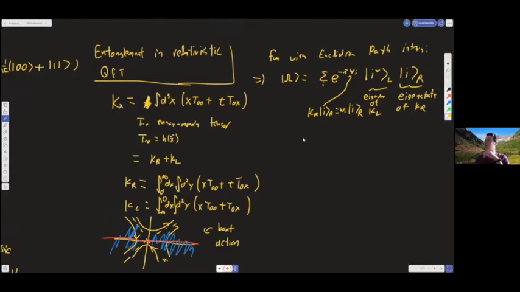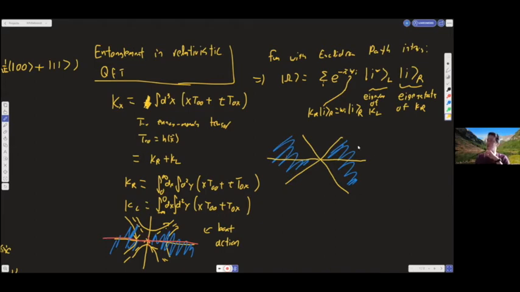Maybe I'll try to draw the picture again just to make it a little less busy. So we have this decomposition of space into the blue left region and the blue right region. This |I_R> is a complete basis of states for the subset of the Hilbert space that lives here, and this |I*_L> is a complete basis of states for the degrees of freedom that live in this left wedge.